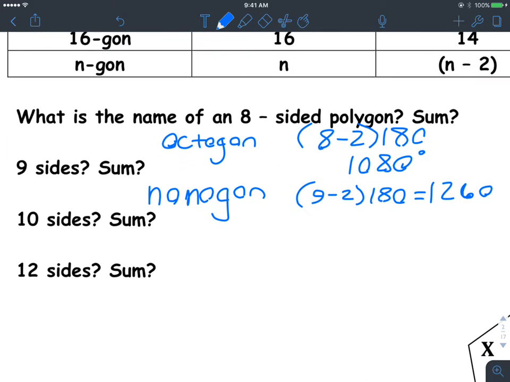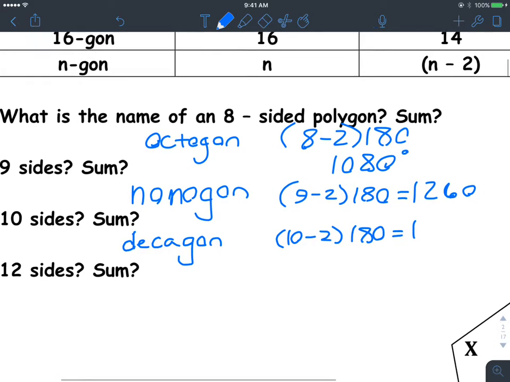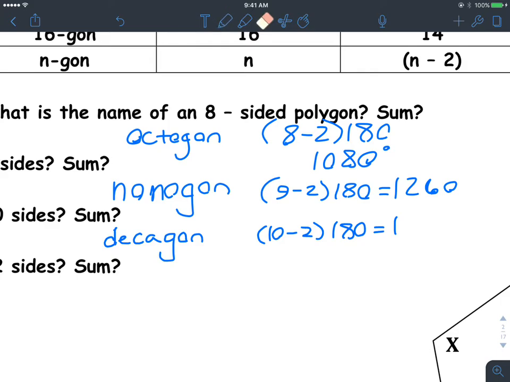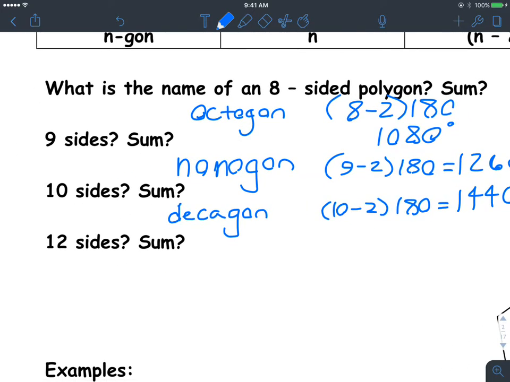A 10-sided figure, that'd be a decagon. Deca typically means 10. So decagon, 10 minus 2 times 180. In this case, it's 8 times 180, so 1440. 12-sided, it's a dodecagon.